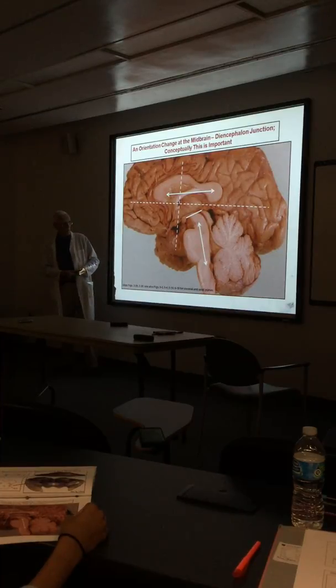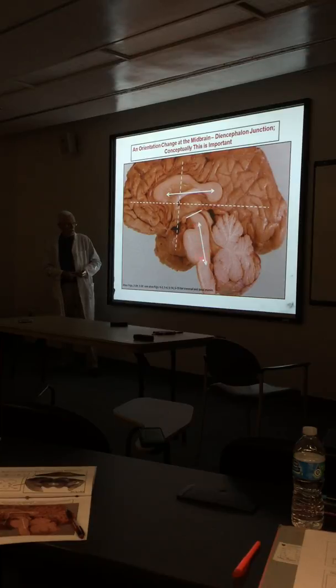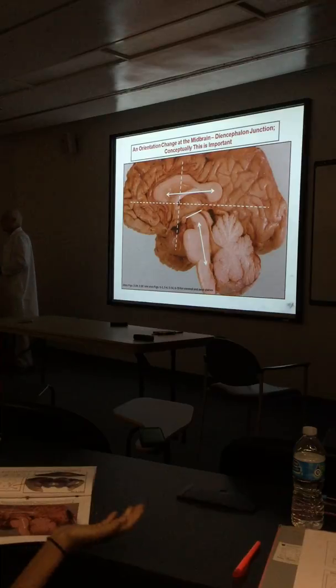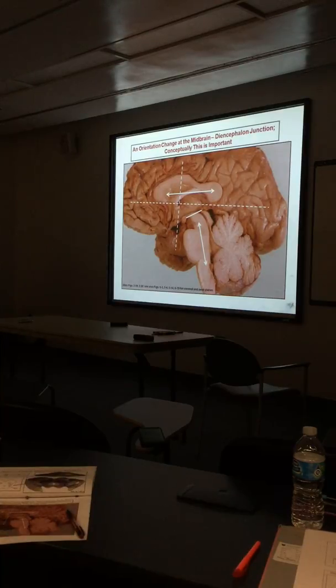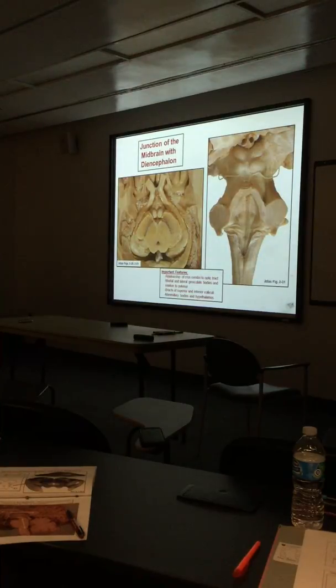Down here, a section like this is sort of axial in the brainstem, but a section like this is rostral caudal in the brainstem. We use terms rostral caudal, anterior, posterior, sort of with abandon because we don't think about this. But if you have questions about those directions, please let us know.